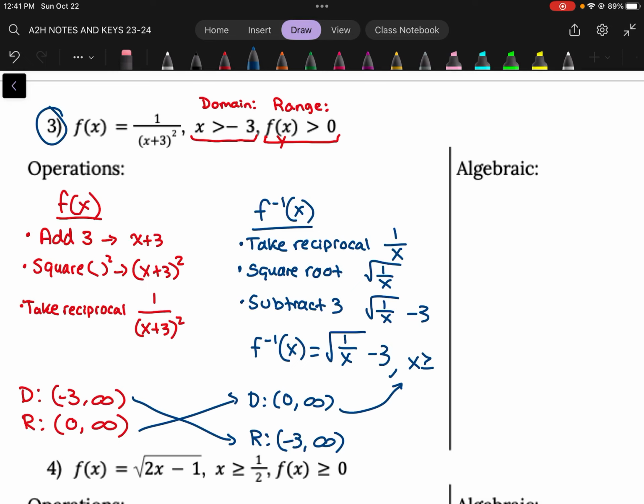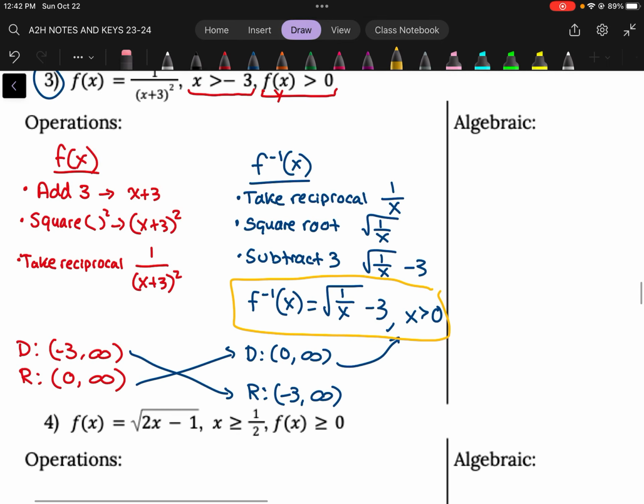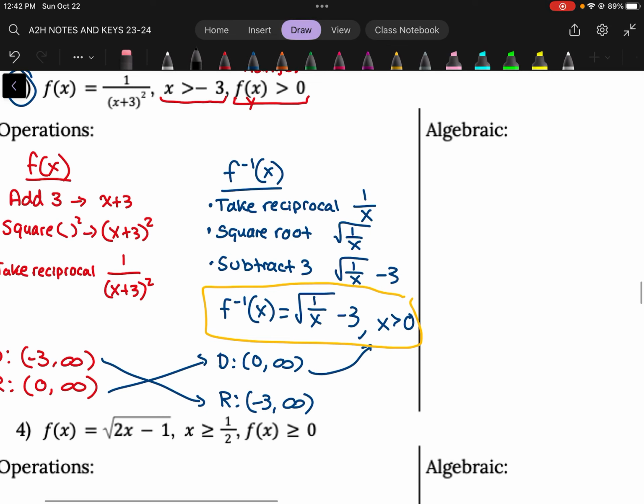So when I write this, I want to use this to write the restriction on the domain. x is greater than, not equal to, in this case, x is greater than 0. Okay, and again, that's important. It's almost implied in this function in a way, because we can't plug a negative under the square root and 1 over any negative number would be negative, but we want to write it.